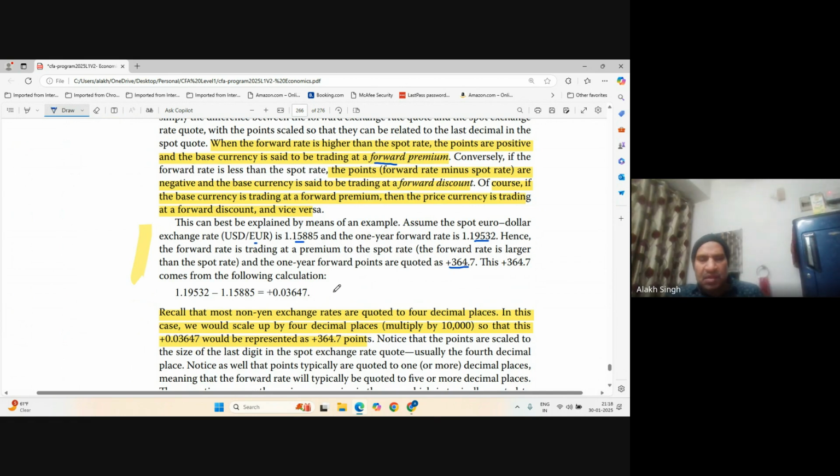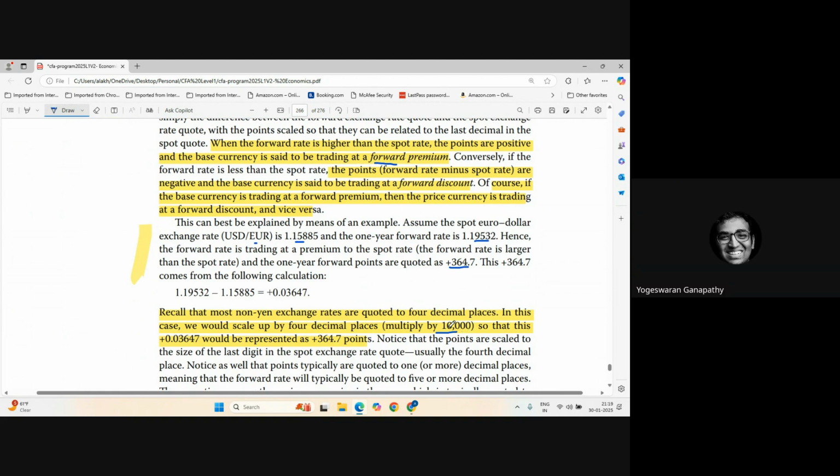To get the points, multiply this by 10,000, and this becomes 364.7 points. Whatever the difference is, the convention is to multiply by 10,000 so that it is represented as points. Since the convention is to go up to 4 digits after decimal, that's why it is expressed this way.